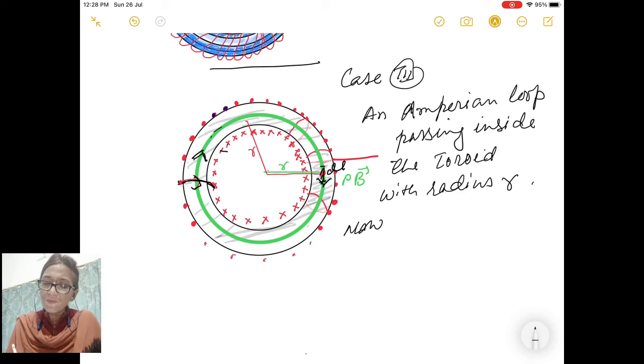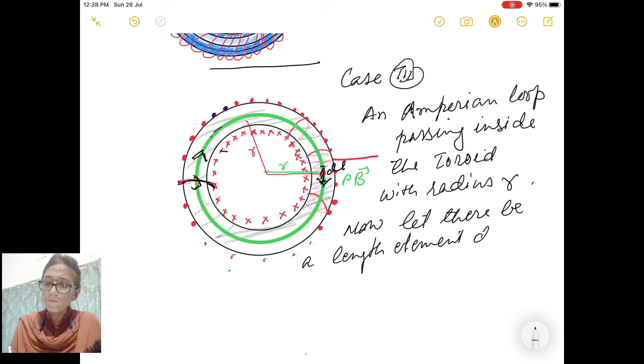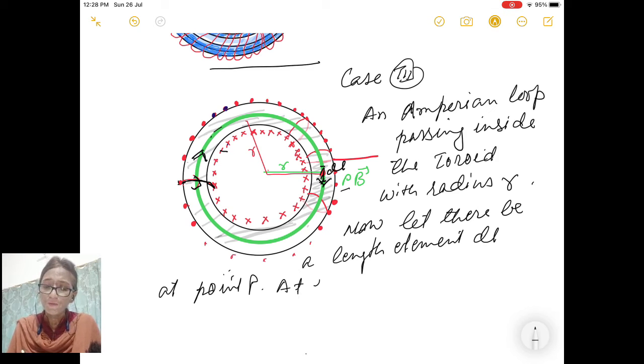Now let us select a length element dl at point P. And we will find magnetic field B at point P using Amperian circuital law.